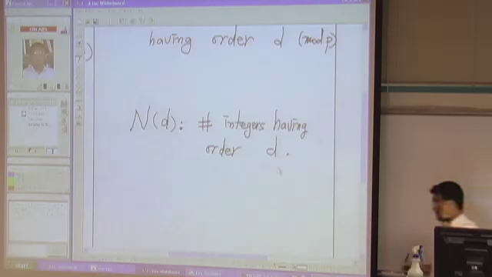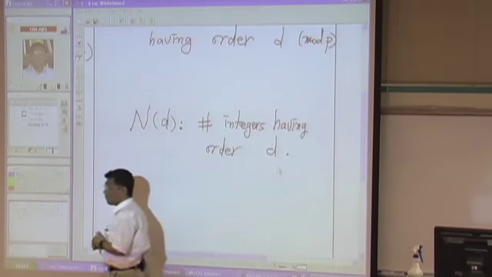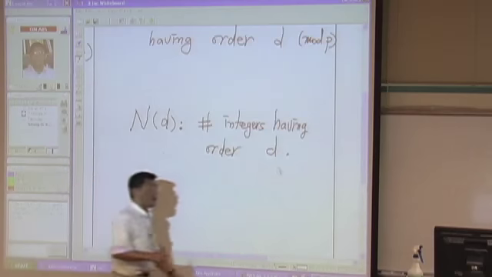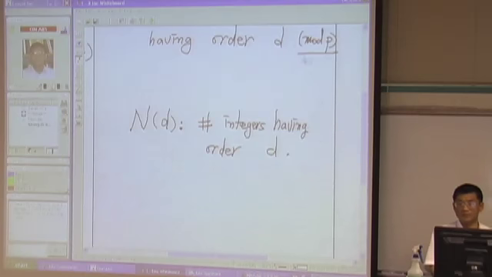So this is the definition. The n of d represents the number of integers having order d mod p, right? Mod p is assumed. I do not repeat it, but mod p is assumed.